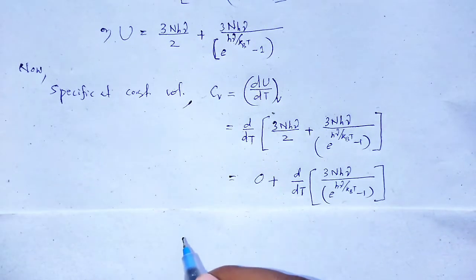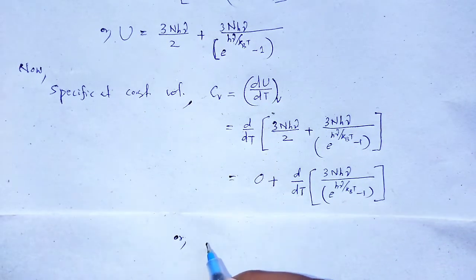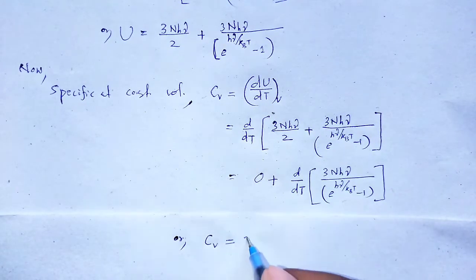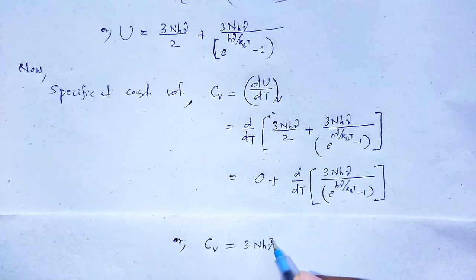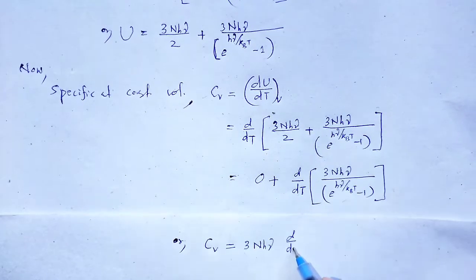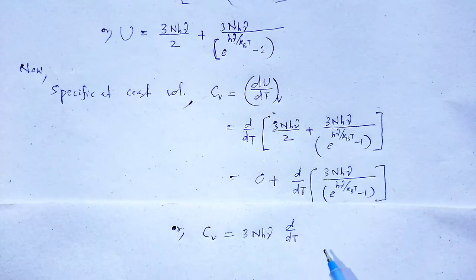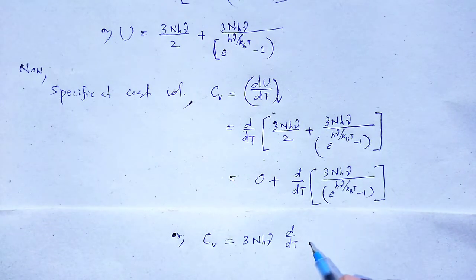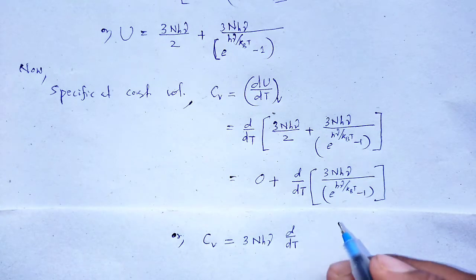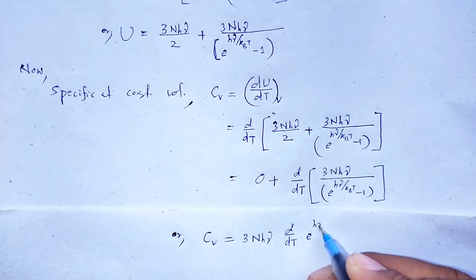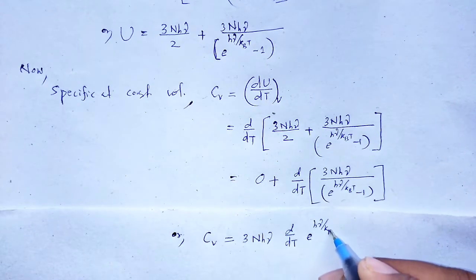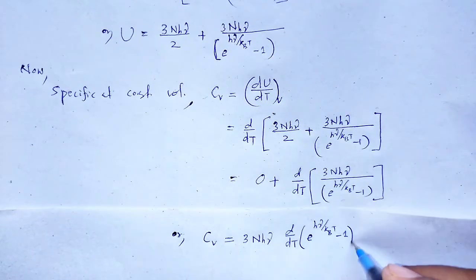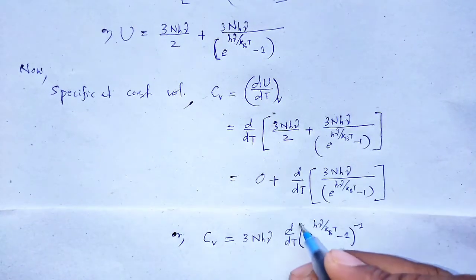Or Cv is equal to, here 3n h nu is the constant term, outside, next d by dT of that term as e to the power h nu by kBT minus 1, to the power minus 1.